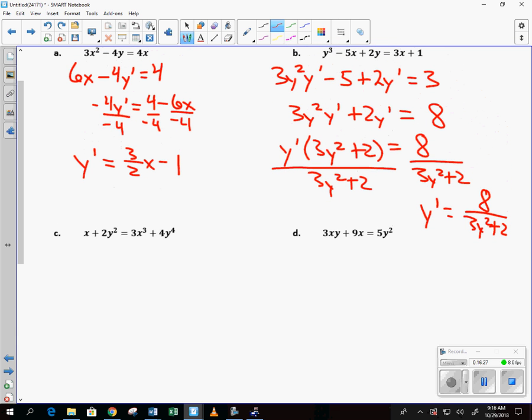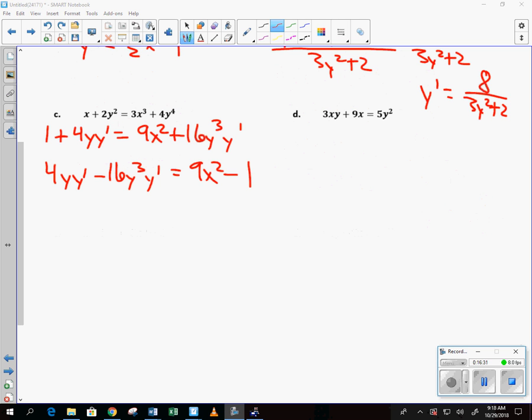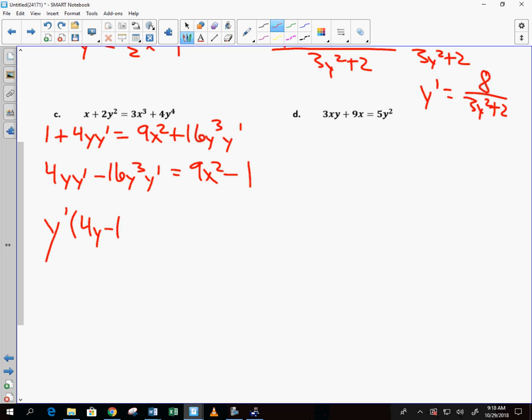Try letter C on your own. Gather your y primes on one side. Everything that doesn't have a y prime goes on the other side. Divide off your factor.